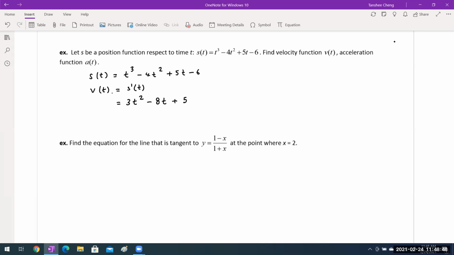And then minus derivative of a constant is 0. So therefore, we got our velocity function, which is 3t squared minus 8t plus 5.